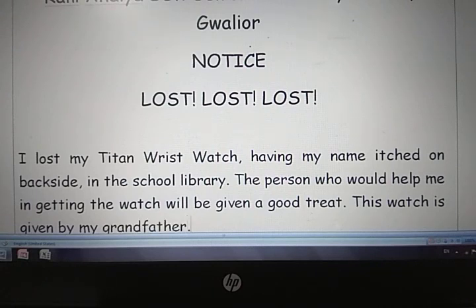Some sentiment also, because this watch was given by your grandfather and you want it badly. Some people may say, why give a notice like this for such things which do not have much value. But there is sentiment, because this watch is given by your grandfather and you do not want to lose it. Clear?